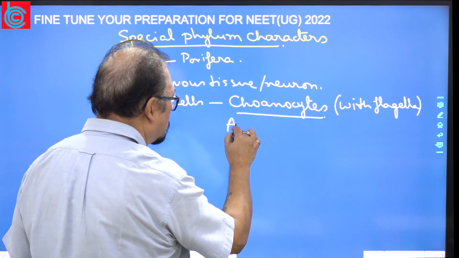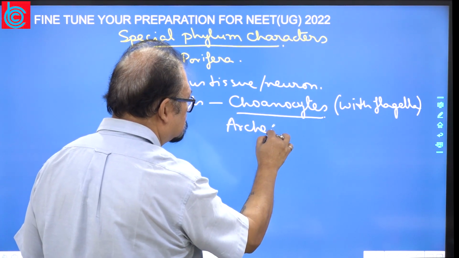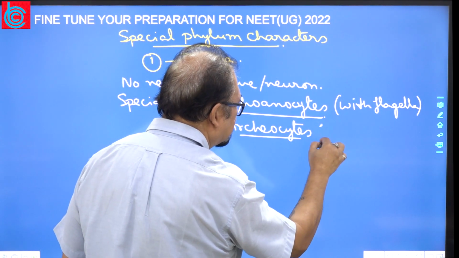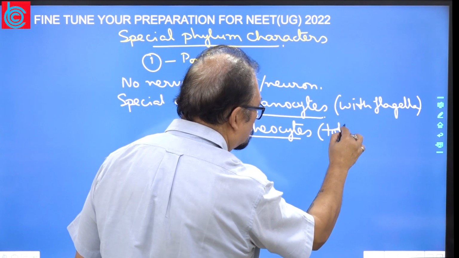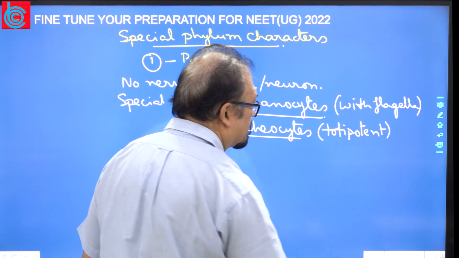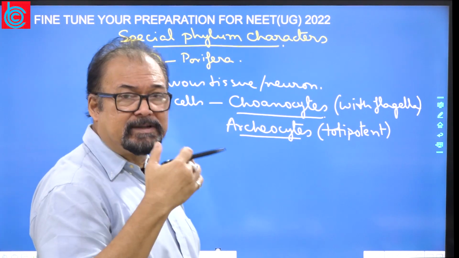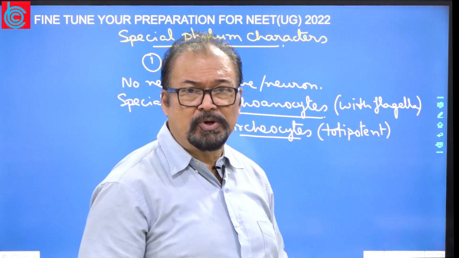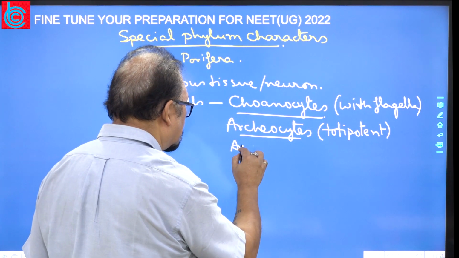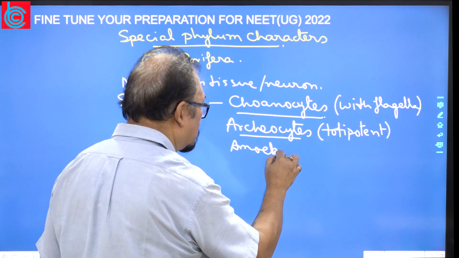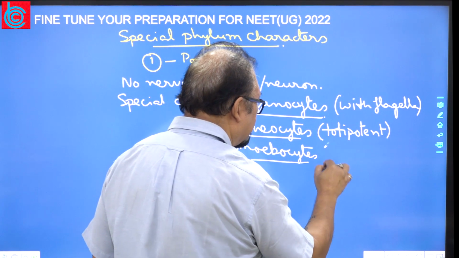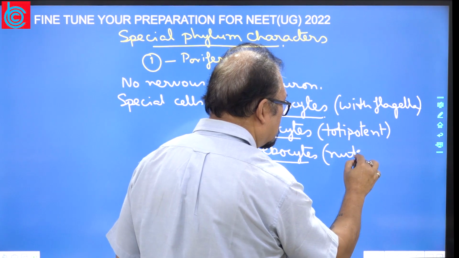Amoebocytes or archaeocytes, these cells are totipotent. From these cells, other cells can be formed that can form the sponge body. Amoebocytes also help in nutrition.